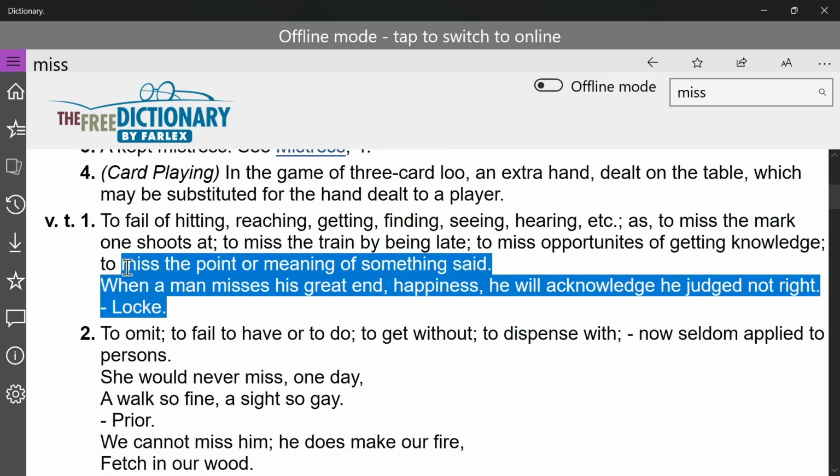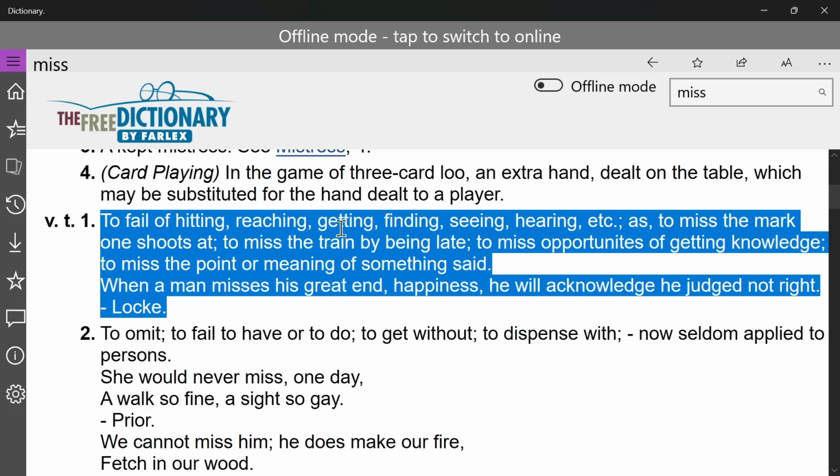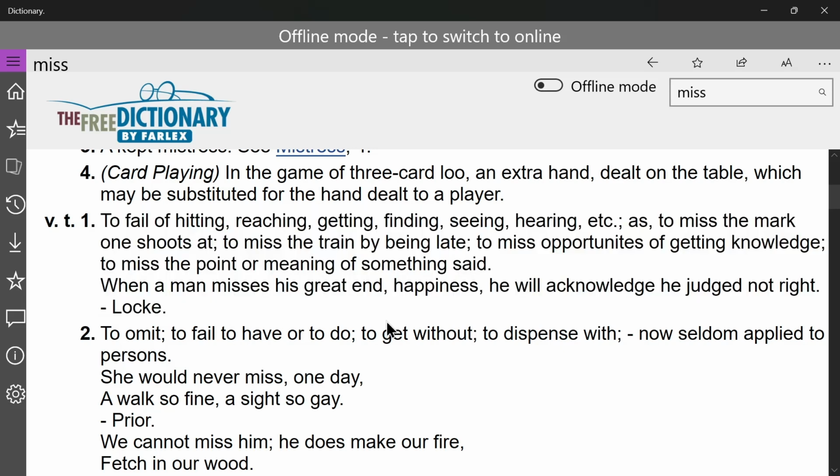This is another meaning, to fail getting something. Do you know this meaning? If I say, for example, I miss the train. I missed the train. I missed the flight. Miss the class. Doesn't mean I want the flight. It means you missed it.